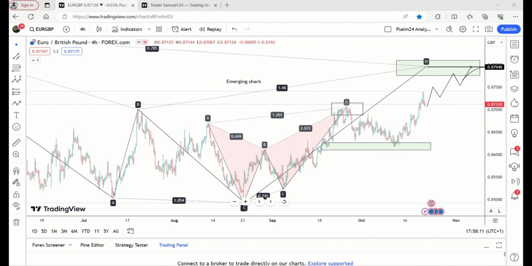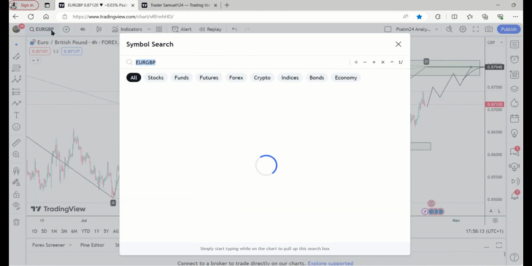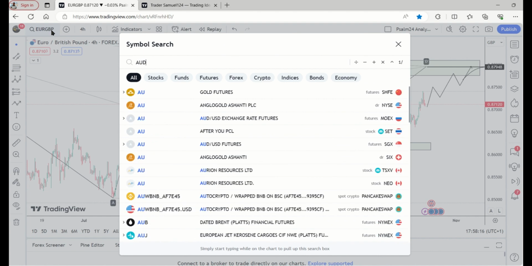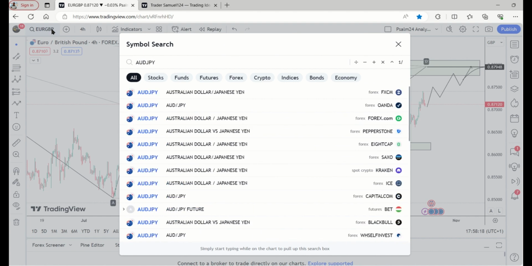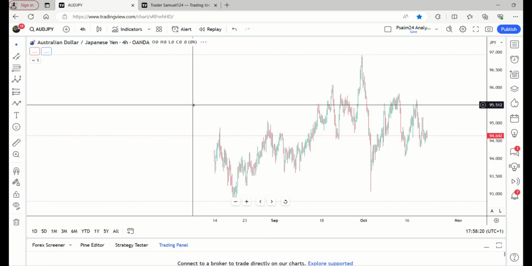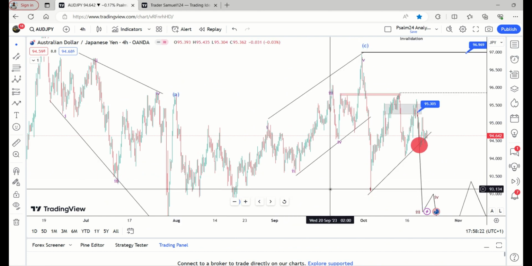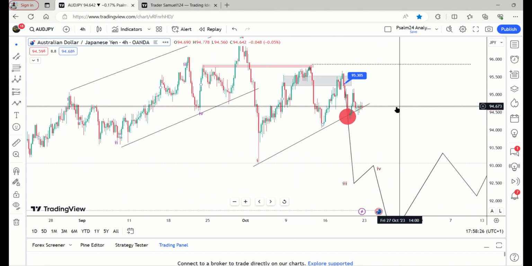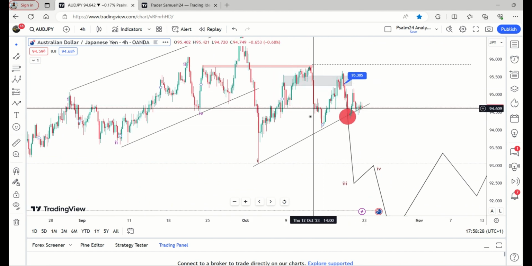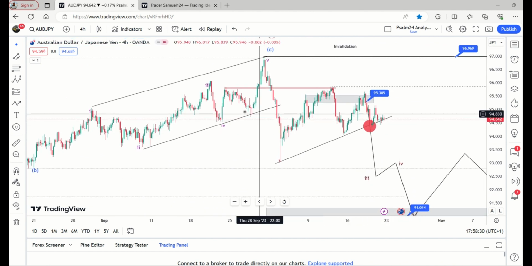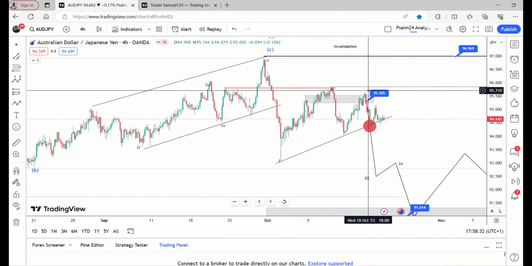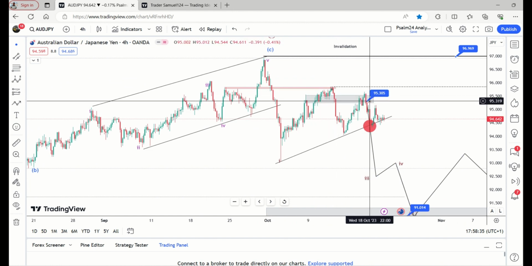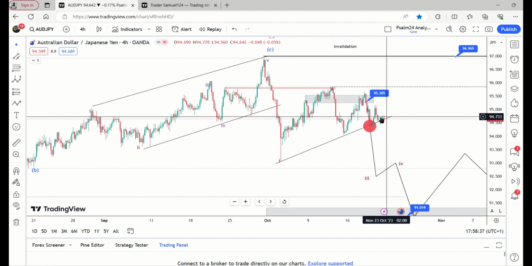So, for the analysis that we did last week, AUDJPY, let's look at where the market currently is using Elliott wave. Last week, we said this zone would be a very great zone, this particular area, and then when the market came there, we entered here, and so we are in profit.